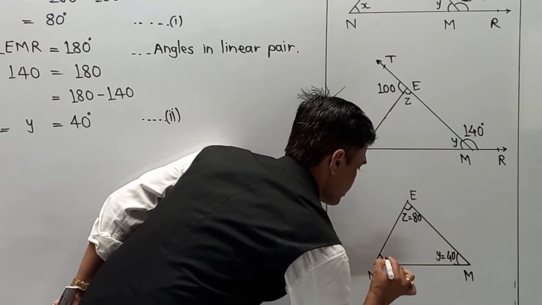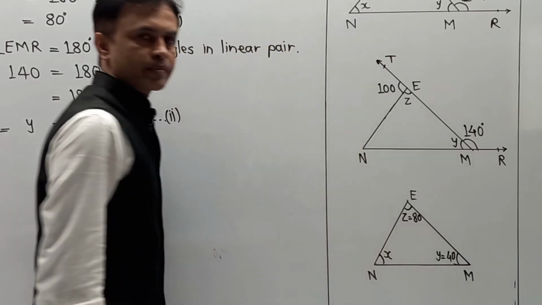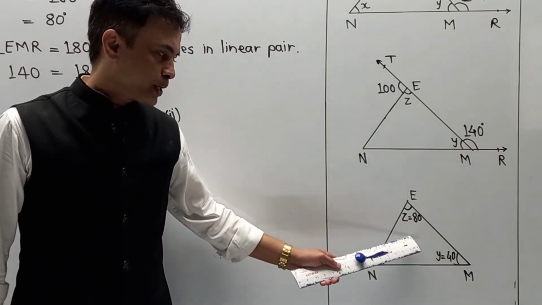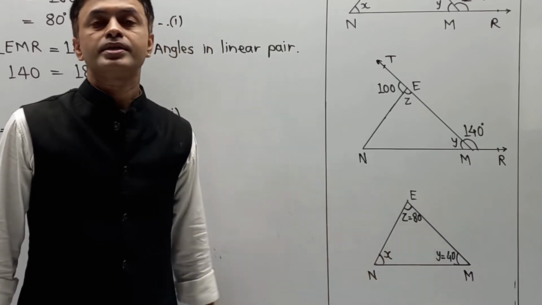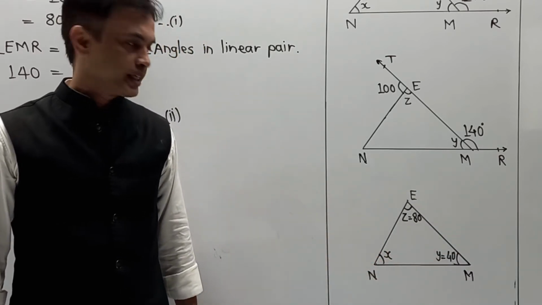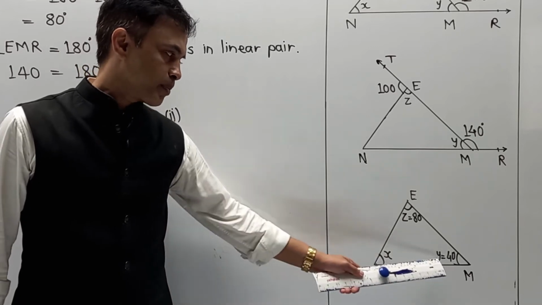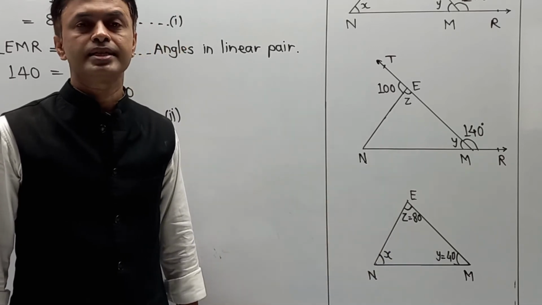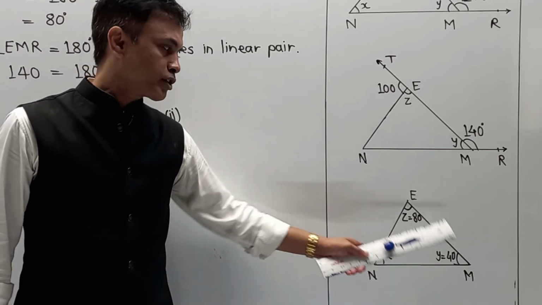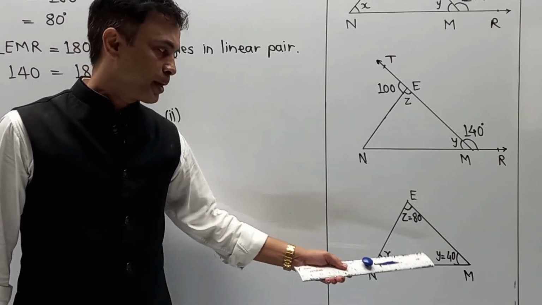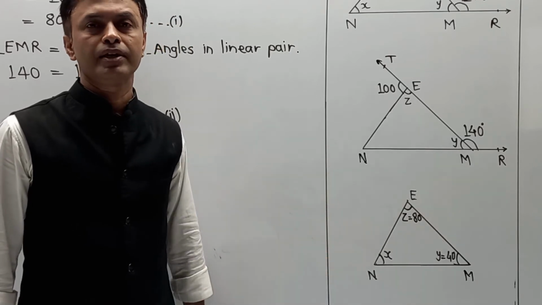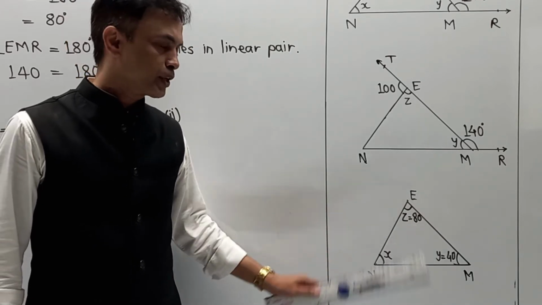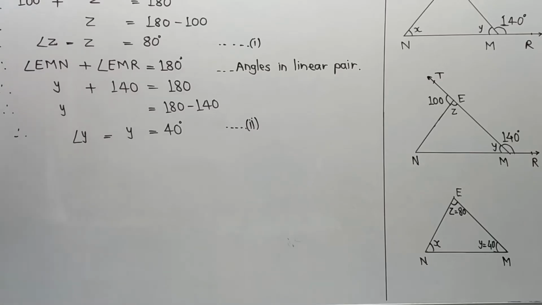And with the help of that, we have to calculate X. But now we very well know that in triangle ENM, sum of the angles of triangle is 180 degree. Means X plus Y plus Z is 180 degree. If addition of all three is 180, and Y is 40, Z is 80, definitely we can calculate the value of X. So moving to the third evaluation.